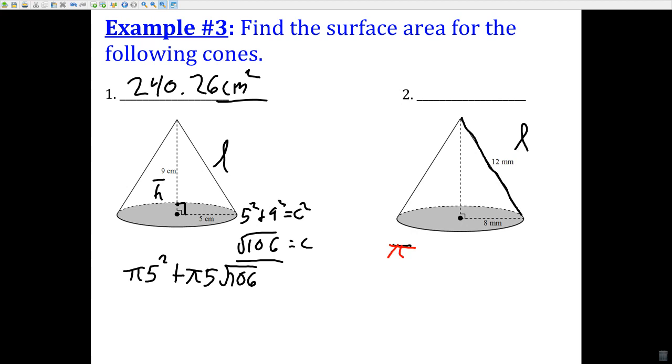Pi times radius, 8 squared plus pi times radius, 8, times the slant height, 12. All right, and that's it. Punch in the calculator. 502.65 millimeters squared.